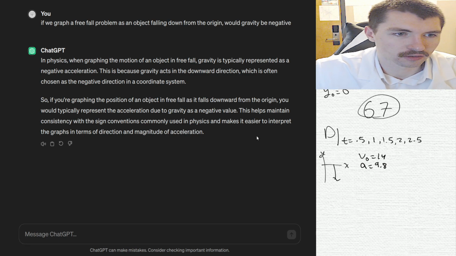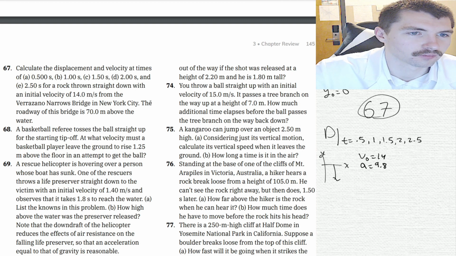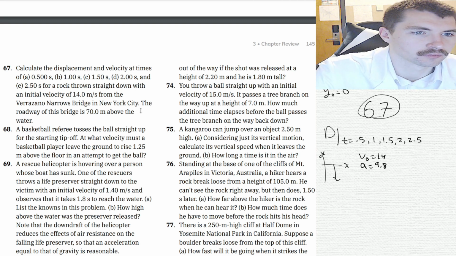Okay, so it should be a negative value. Hoping. 70 meters above water.